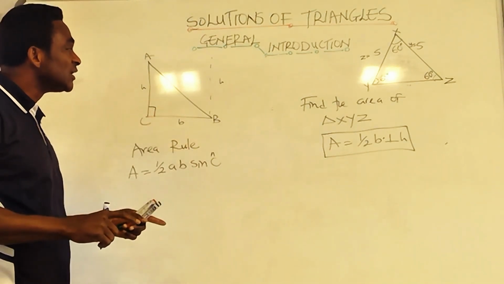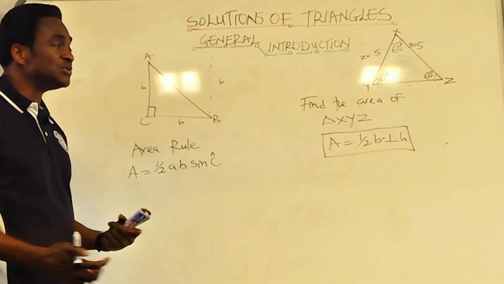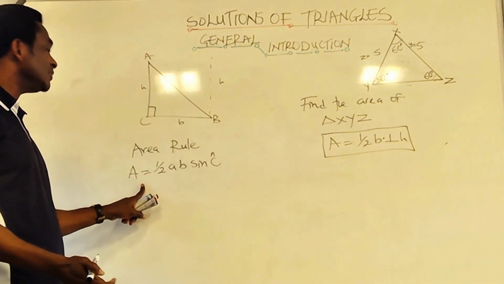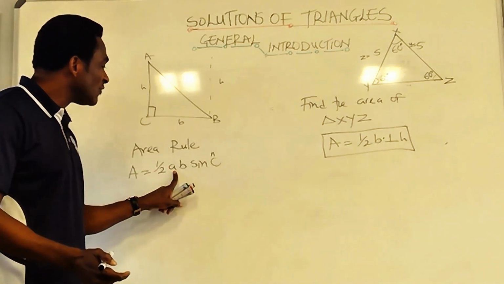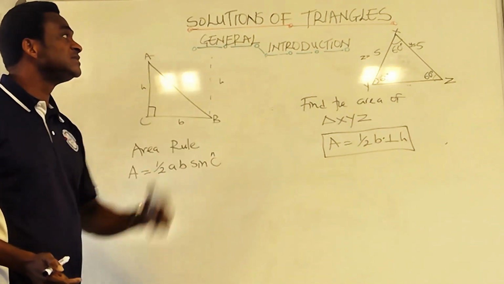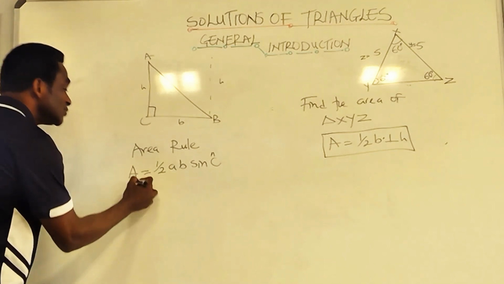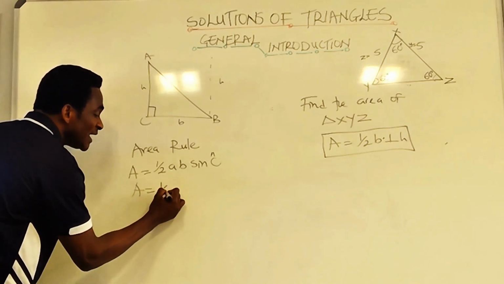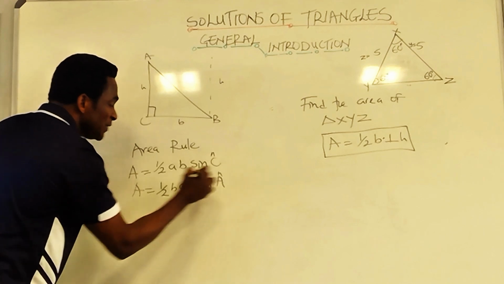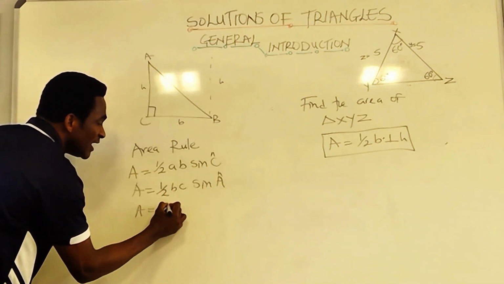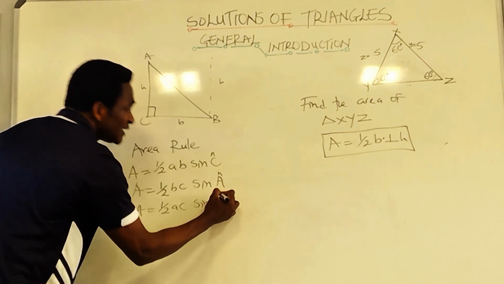So if it's not given, you can use cosine rule or sine rule to get what you need. But for you to use area rule, it must be half of the product of the two sides times the sine of the included angle. So in triangle ABC, we can have half of BC sine A because A will be included, or we can have half of AC sine B. This is typical.